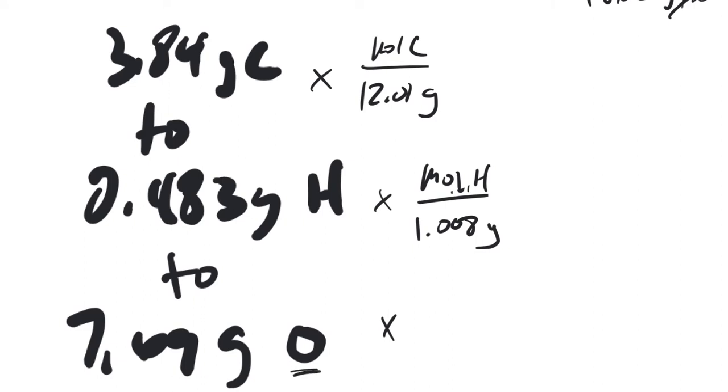So if this were nitrogen or sulfur, we're just looking up and using the atomic weight of that different element. But for oxygen, 16.00 grams per mole. So here you're using the molar mass of the elements. So 0.320.